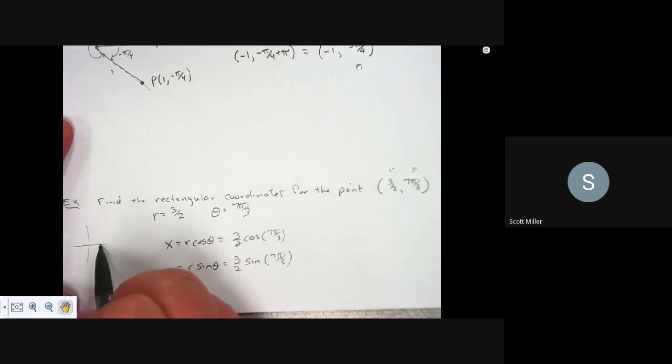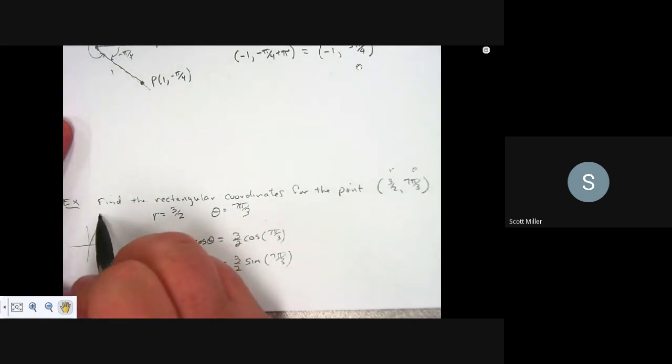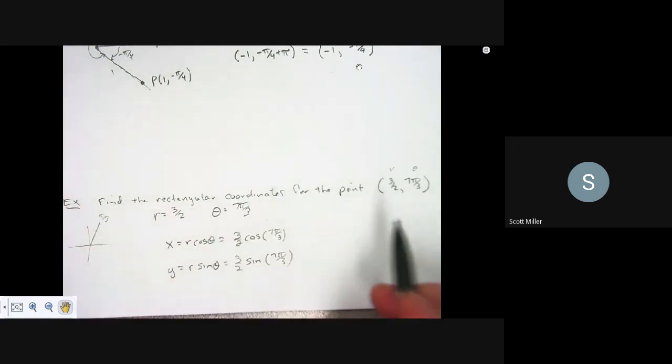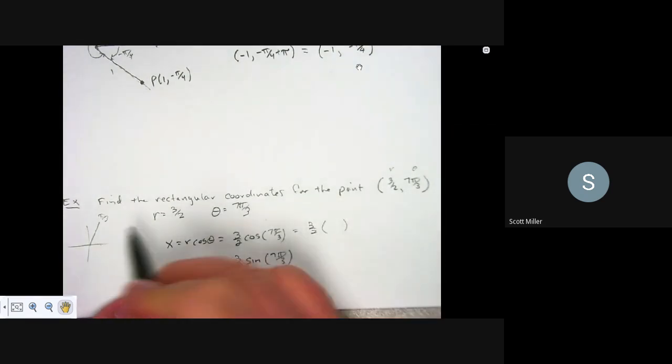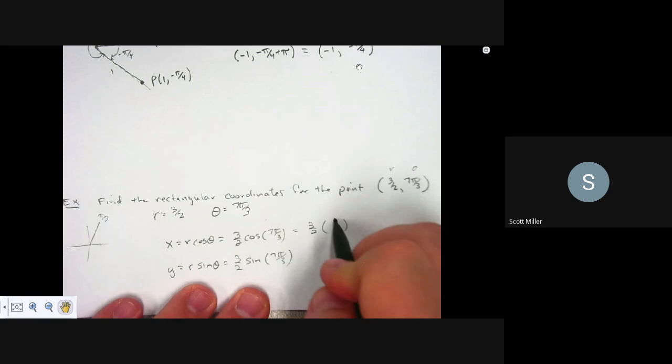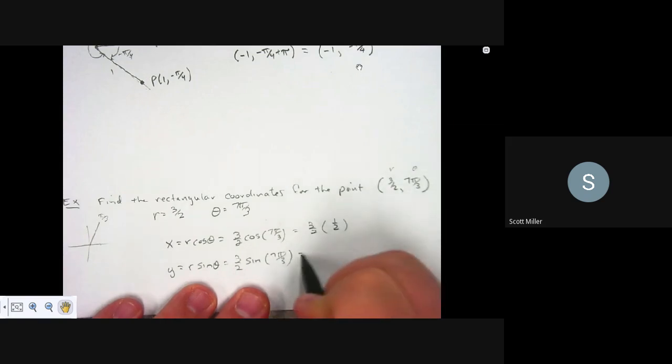One time around the circle we know is 6 over 3. And so the next one up is 7 over 3. So we're right here, which is equivalent to pi over 3. So 3/2 times the cosine of pi over 3, which is 1/2. And then this one is 3 over 2 times the sine, which is the square root of 3 over 2.